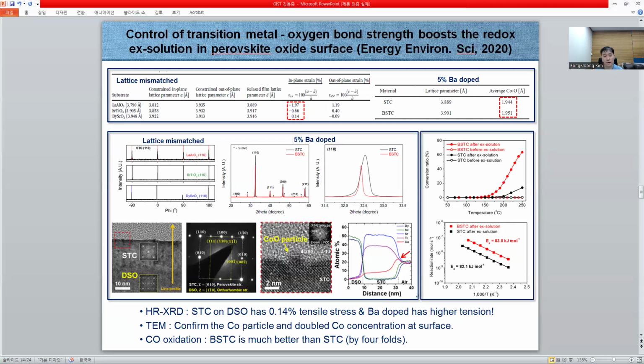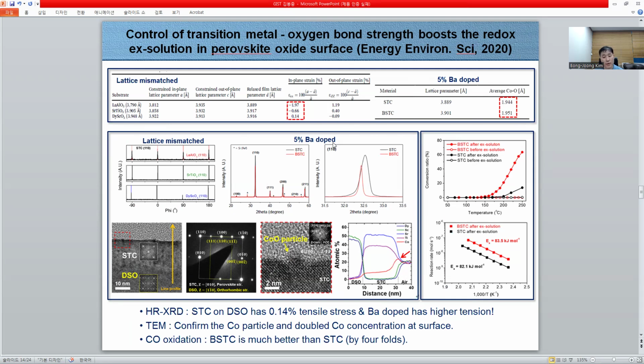With this theoretical result, in order to form tensile stress on the cobalt-doped strontium titanium oxide film, we used dysprosium scandate, DyScO3 substrate, which has a larger lattice constant than strontium titanium oxide, and doped barium into strontium titanium oxide.